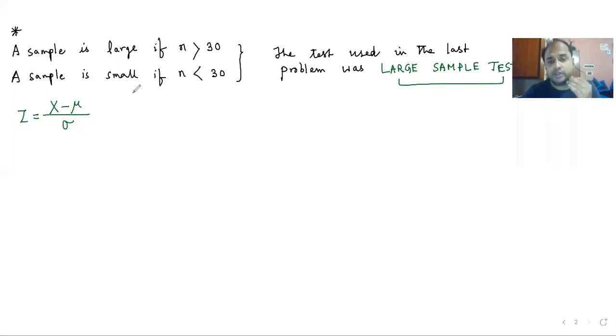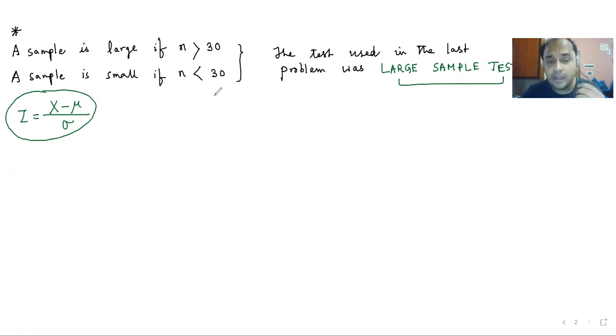Depending upon the situation, the form of mu and sigma will keep on changing. But this formula in large sample test will remain fixed. We will not change the formula. We'll keep it fixed, but we'll only change the shape of mu and the shape of sigma depending upon the situation.